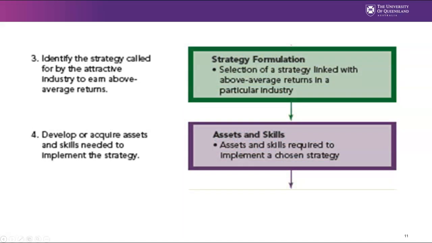All right, moving on, step number 4, developing or acquiring assets and skills needed to implement the strategy. I'll continue to use the same hotel example. A lot of group business in hotels has gone down significantly in the last few months, and it is slowly coming back, but a lot of convention and catering staff have either been laid off or made redundant, or their hours have been cut.